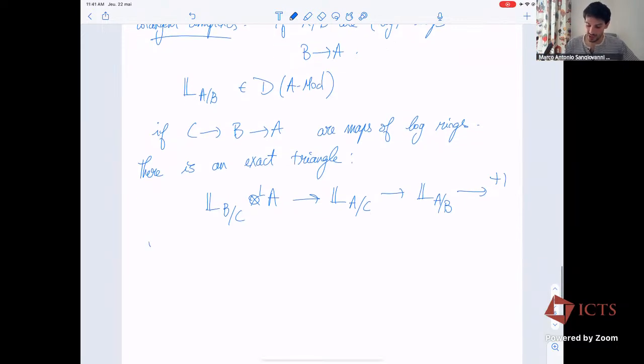Okay, so this is called the transitivity triangle.